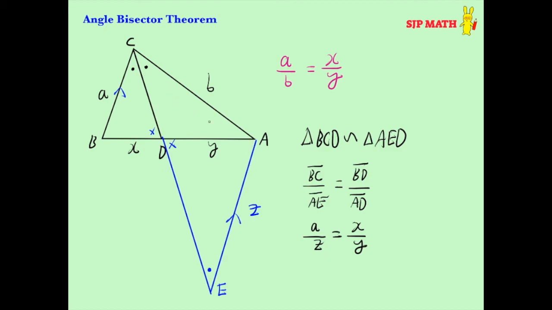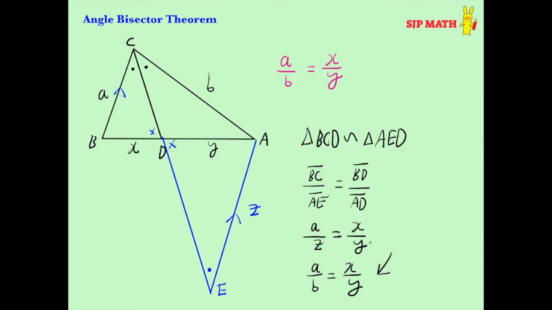So this means that triangle ACE is an isosceles triangle where side AC is equal to side AE. So b is equal to z. So we can just substitute b for z, which gets us that a to b is equal to x to y. And we get our formula.